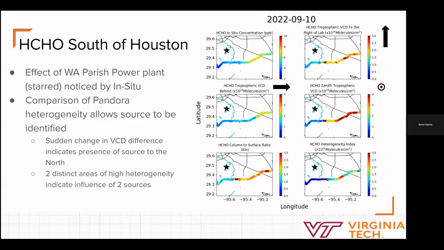Once again, we return to this area to the south of Houston, which is largely rural, except now, rather than seeing very low values in this area, we see particularly high values of formaldehyde vertical column densities on the instrument measuring directly to the north as the instrument travels westbound. While looking to the east, behind the lab, we see, similarly to the NO2 previously, average values that do not necessarily show anything in particular in this area.